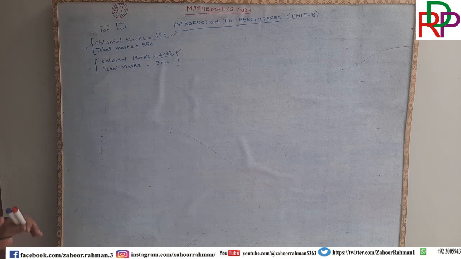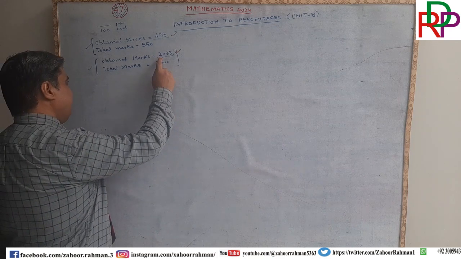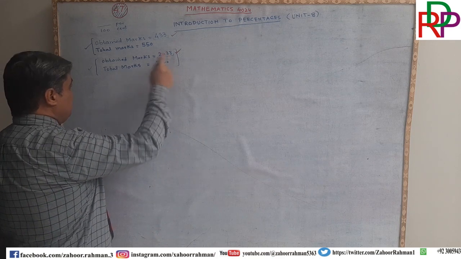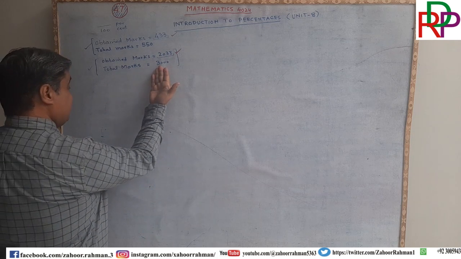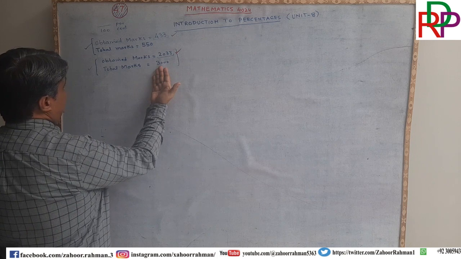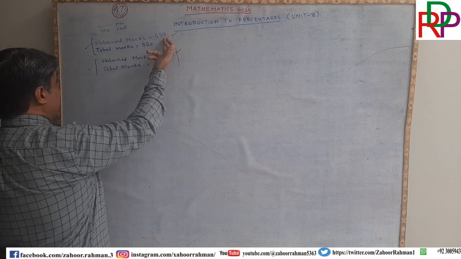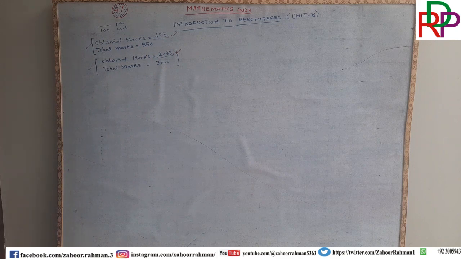Somebody who is an expert of mathematics is saying, wait a minute, gentlemen. You have taken 2033, but your total marks are 3000. The other person got 433, but his total marks are 550. Now, how will we solve this situation? We have to find the percentage.